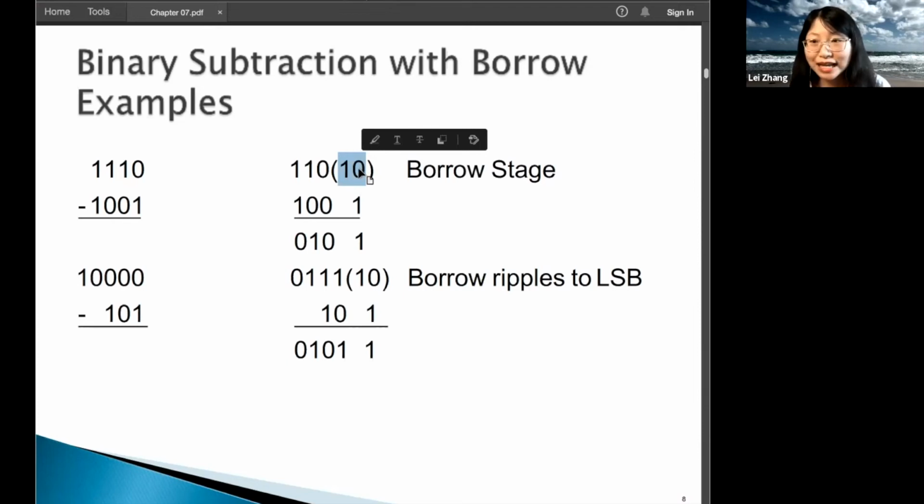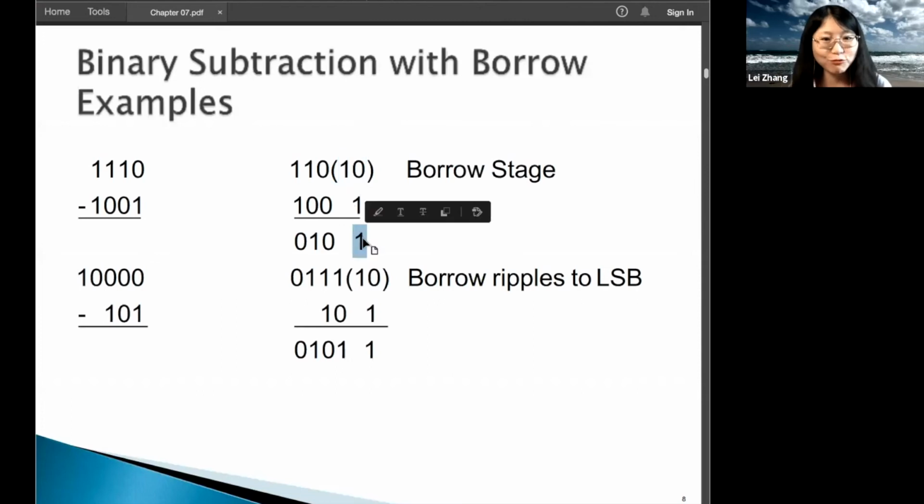So what is the decimal value of this 10? For the binary value, it is 2. In your mind, you know that is 2. It's easy if you just convert the 10 into 2 in your mind to do the decimal subtraction. So 2 minus 1 is 1, so we have 1 here.